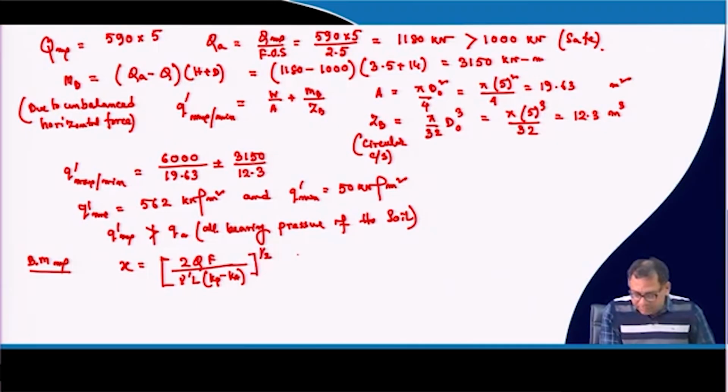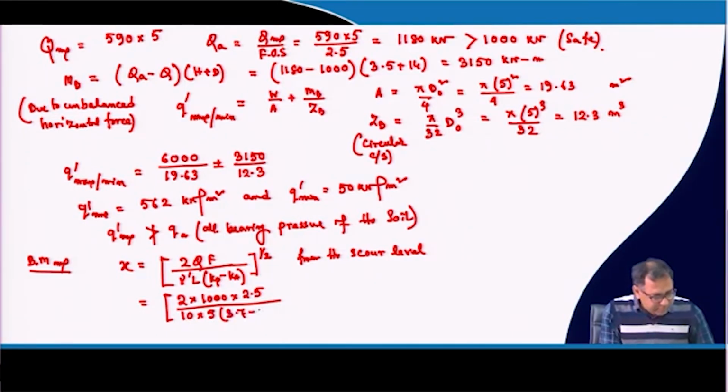This x is from the scour level. Now if I put these values, this is 2, q is 1000, f is 2.5, then gamma dash is 10, L is again 5 which is the diameter, then 3.7 minus 0.27, to the power half. So, this is 5.2 from the scour level.